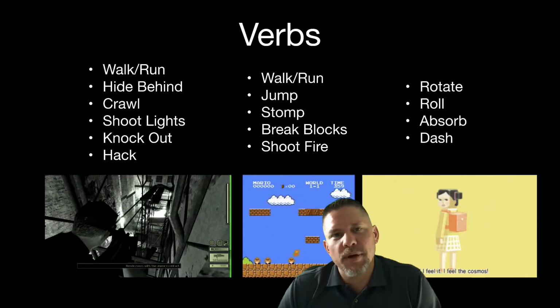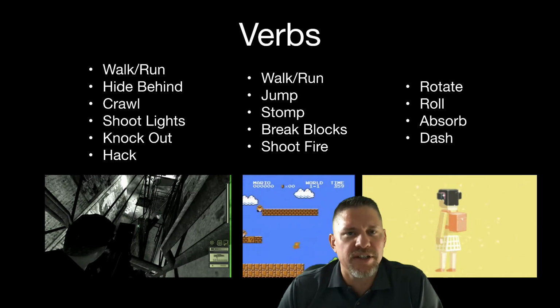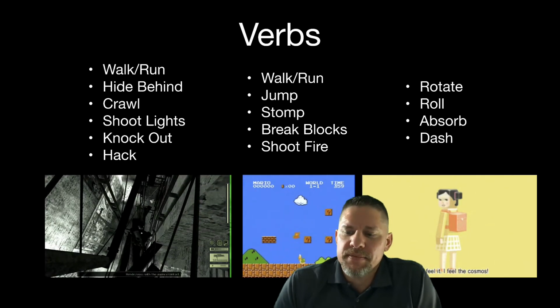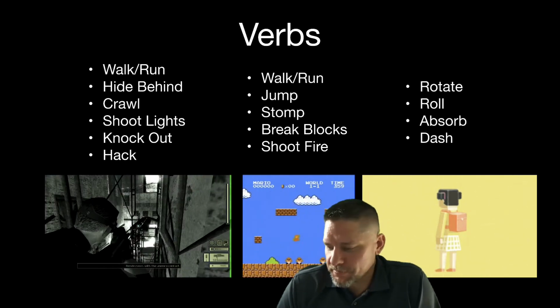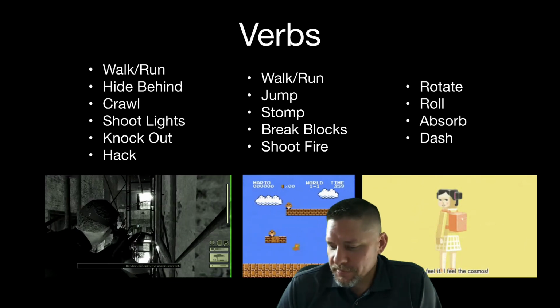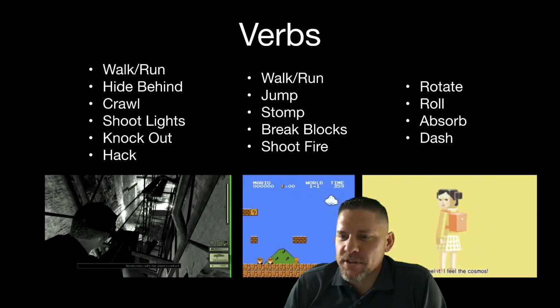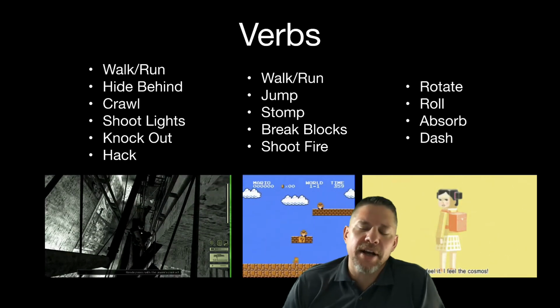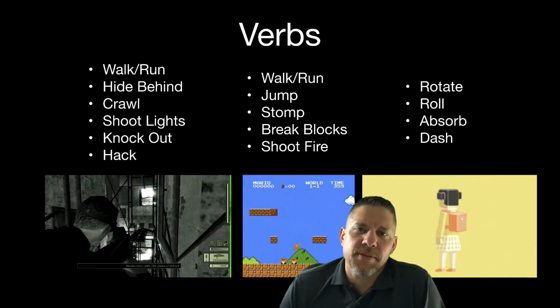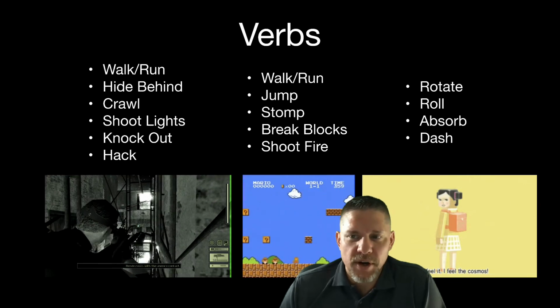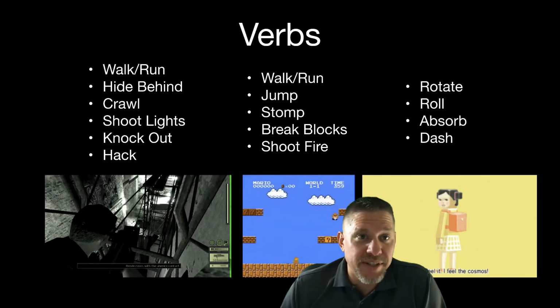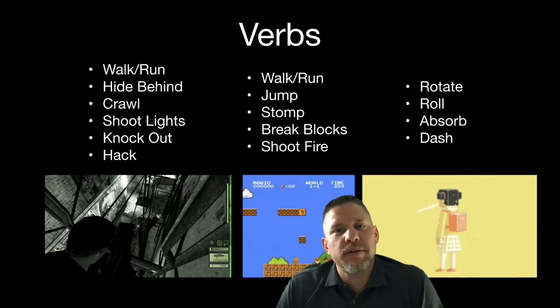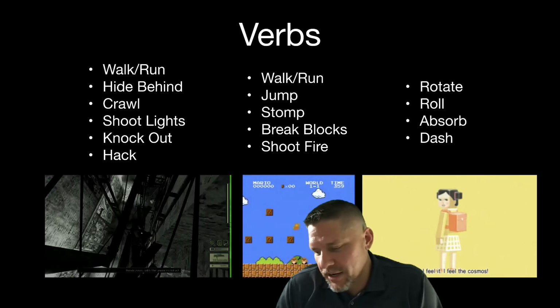Just a few things the player can do, but still a very interesting, challenging, and meaningful game. Dash was more of a convenience than an actual mechanic to be used. So pretty much just rotating your camera around so you can see, rolling your ball and absorbing different things. So check it out, Katamari.